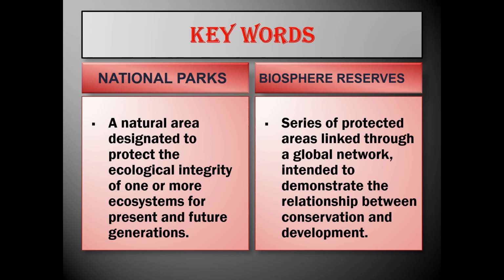So these three, national parks, biosphere reserves, and wildlife sanctuaries, are the areas that need to be made to conserve wildlife species. And not only these three, governmental agreements like CITES and institutions like the World Wide Fund are also working in the same manner.